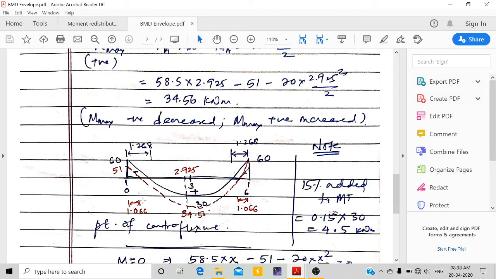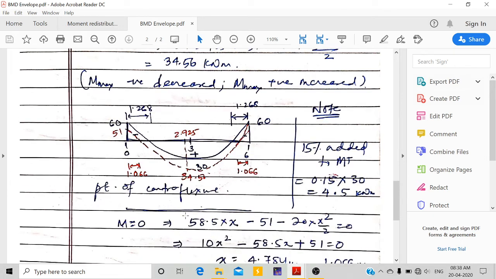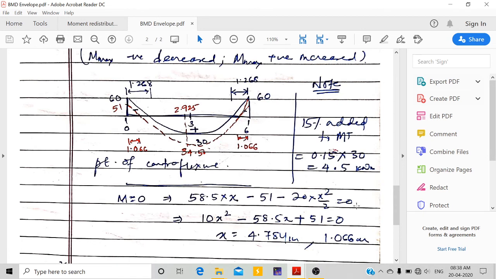So we have maximum negative moment 51, then 34.5. Now what are the contraflexion points? Putting the moment equation equal to 0, I get x equal to 4.784 meter and 1.06. After redistribution, these are the contraflexion points.